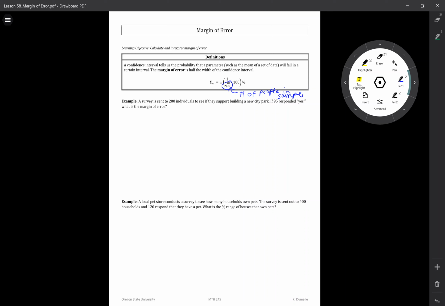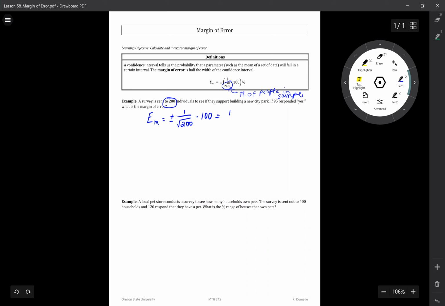A survey is sent out to 200 individuals to see if they support building a new city park. If 95 responded yes, what is the margin of error? So we are sampling 200 people. That is the number of people in our sample, so that will be our n value. So I see that E sub m is equal to plus or minus 1 divided by the square root of 200 times 100.